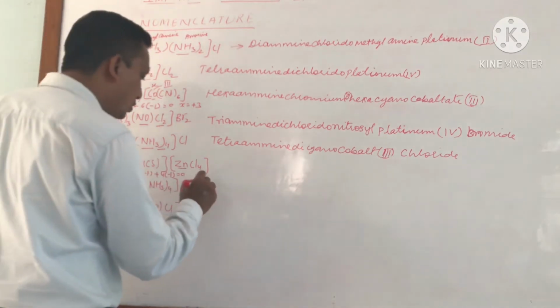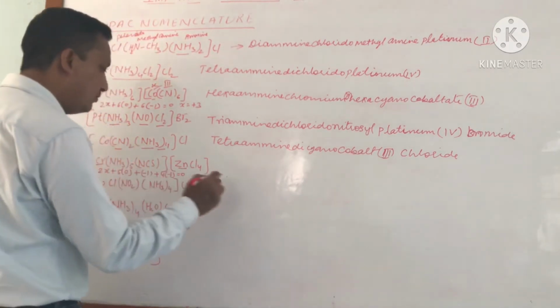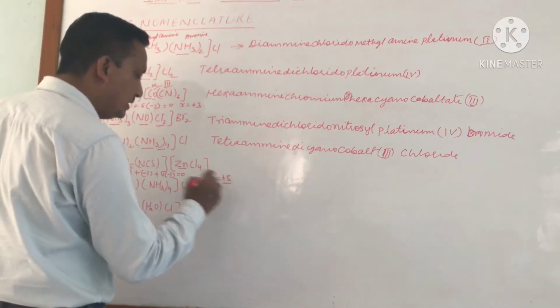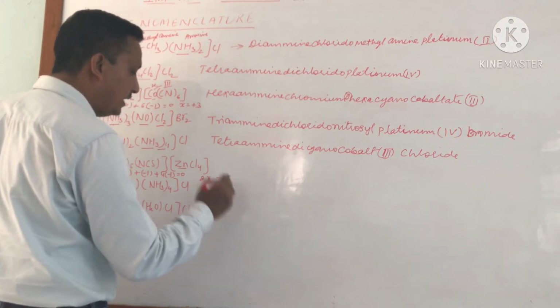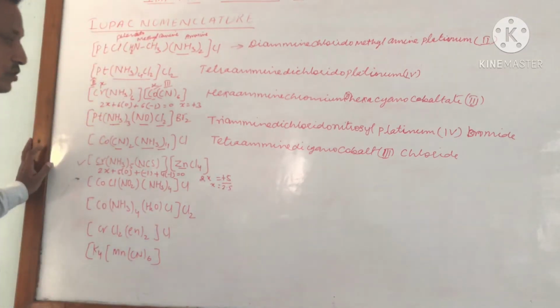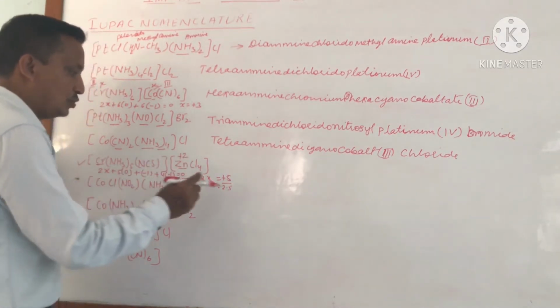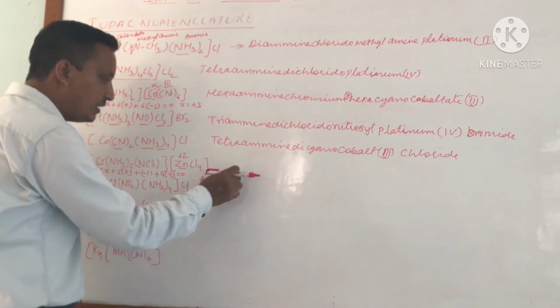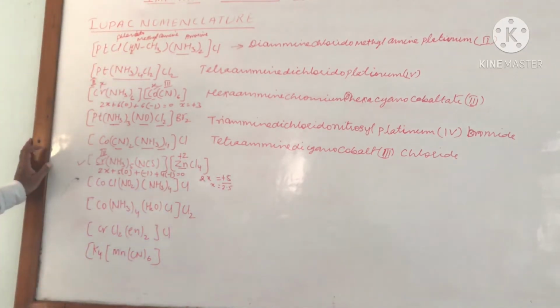So we get 2x equal to 4 plus 5. In this case x would be around 4.5 per metal, which is not possible, and we know that the oxidation state of zinc is only +2. So what is the remaining oxidation state? 5 minus 2, that means third. So oxidation state third would be for the chromium.